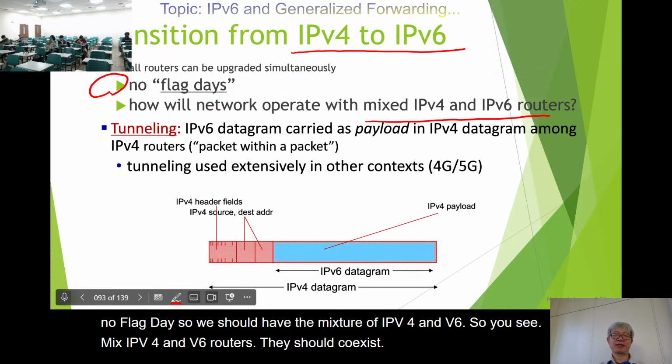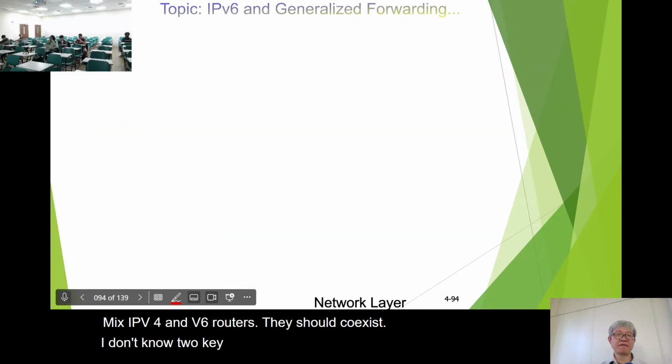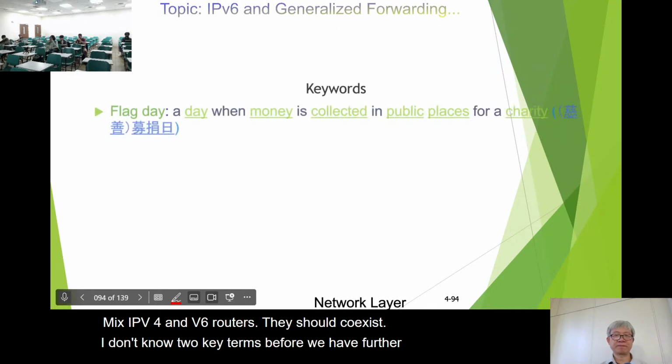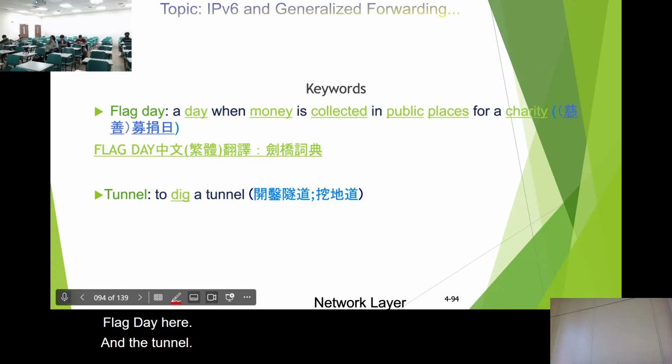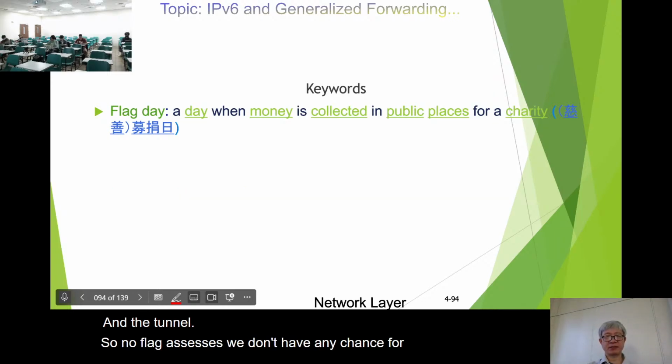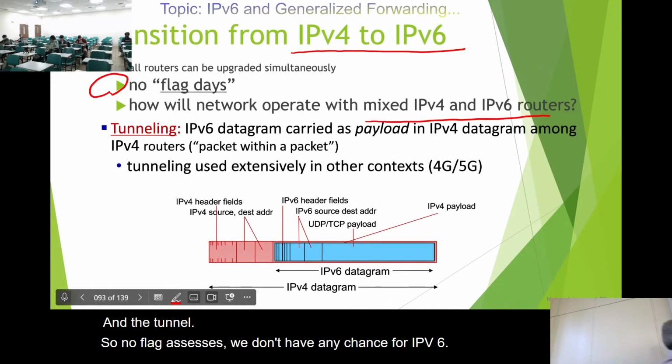Before we have further discussions, there are two key terms: flag day and tunnel. No flag days says we don't have a date for switching everyone to IPv6, and they should coexist and work together.